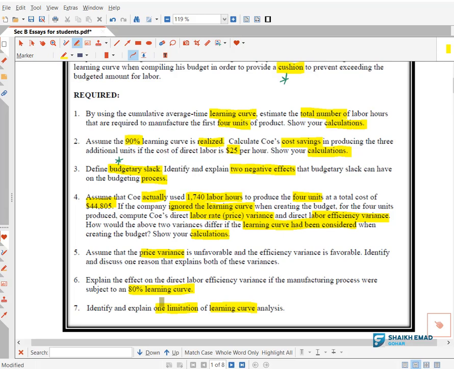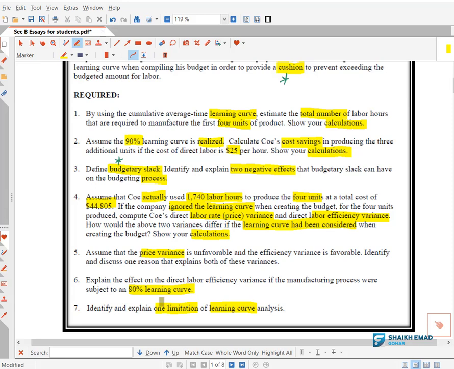Very simple: the labor is more skilled. Because when we created the standard, for example, we thought we would hire an unskilled workforce, but in reality we hired a skilled workforce. So we will pay them more, or not? This is the reason.